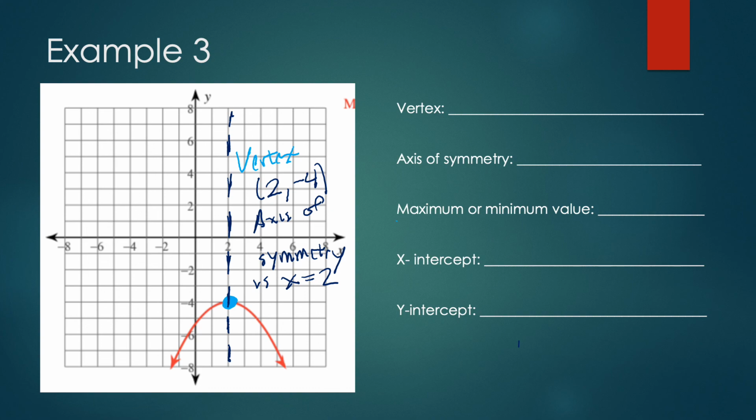So remember, maximum is concave down, minimum is concave up, and I look at my parabola that is concave down. So that means that I have a maximum at y equals -4.